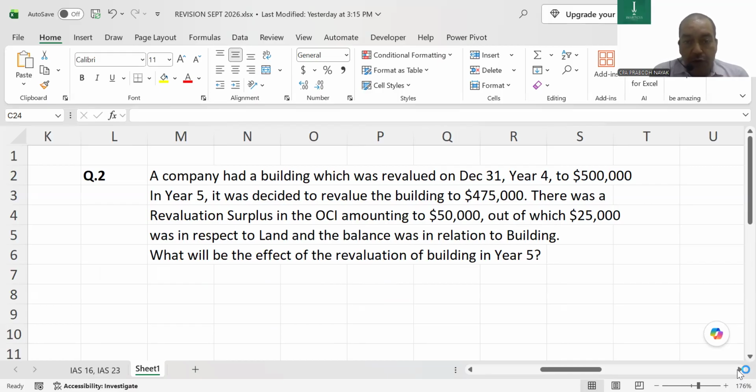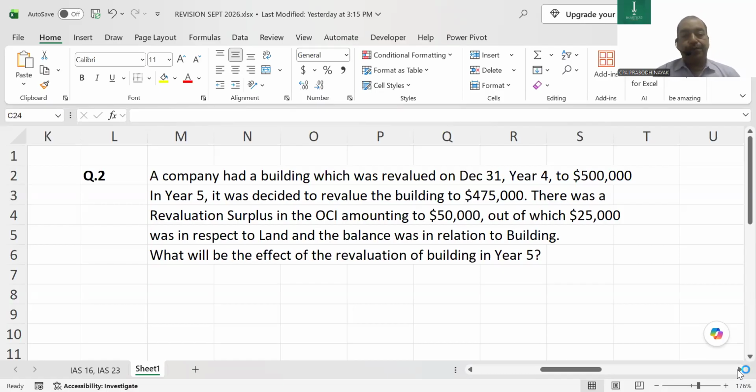There is a revaluation loss of 25,000. And this will be adjusted against the revaluation surplus. This will be adjusted against the revaluation surplus of 25,000, and the revaluation gain will remain at 25,000, which pertains to land.